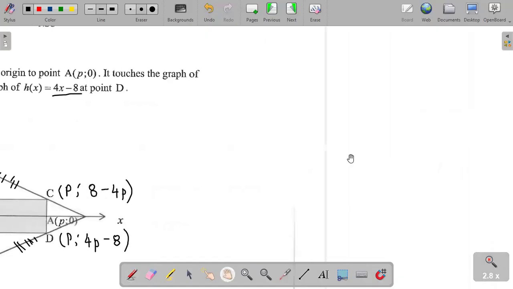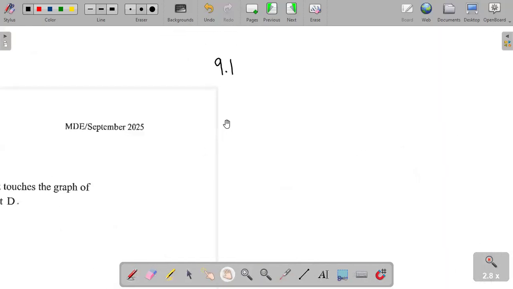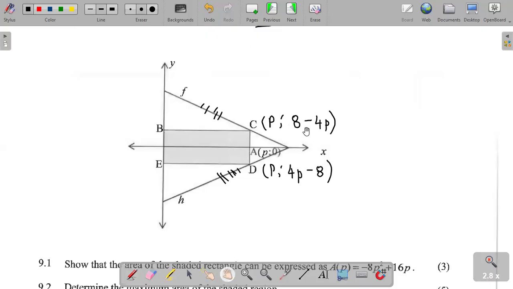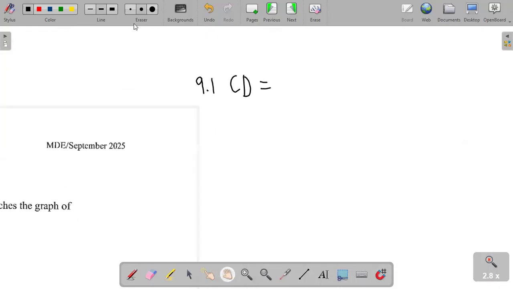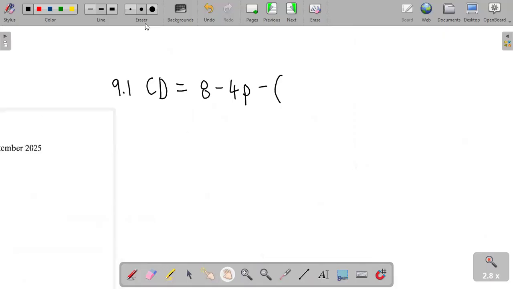So for 9.1, if we want CD, CD will be equal to, we look at the one with the negative gradient, 8 minus 4p, minus 4p minus 8.